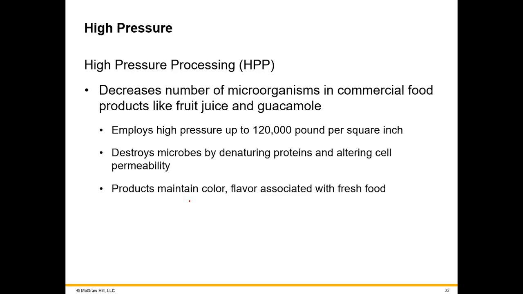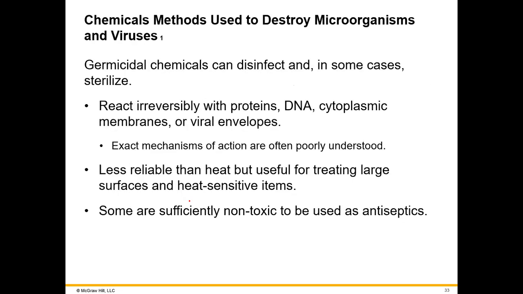And it can also, of course, alter cell permeability, as the pressure will essentially burst the cell membrane and the cell wall. And in this particular treatment, the product can maintain its color and its flavor. But it is somewhat costly to use this kind of procedure.